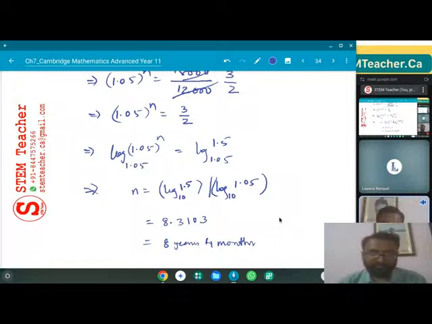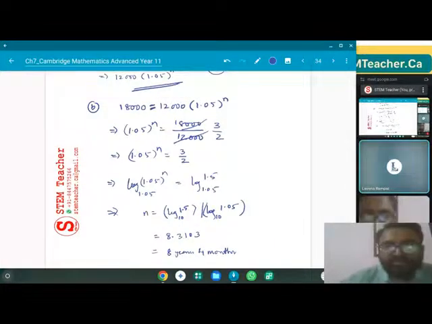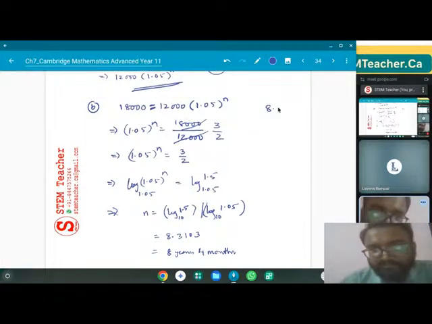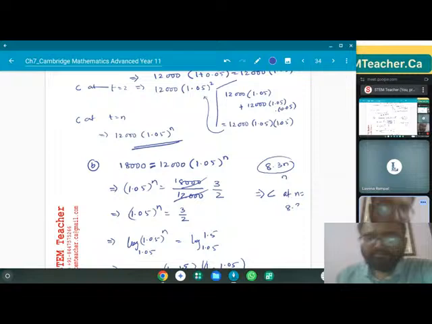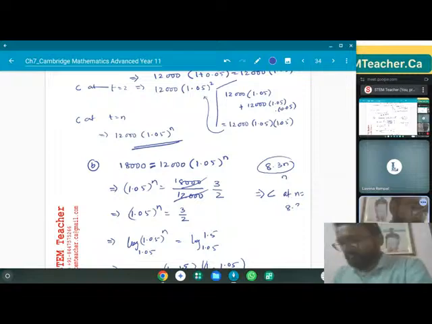If n equals 8.31, so this is your n, you should get the same answer when we check the cost at n equals 8.3. What happens? We have to check that.